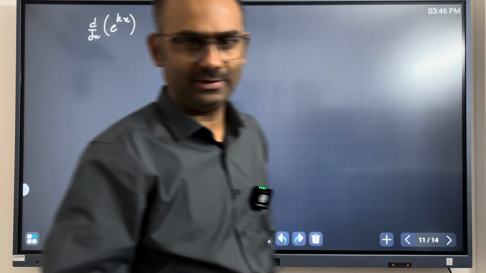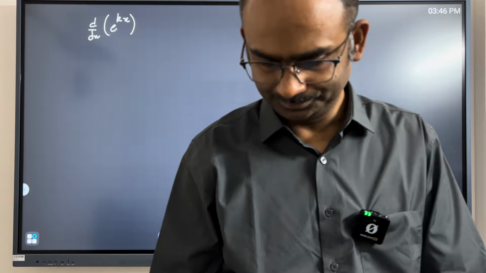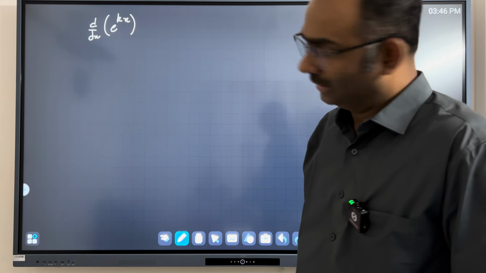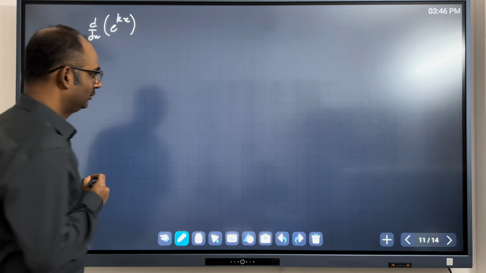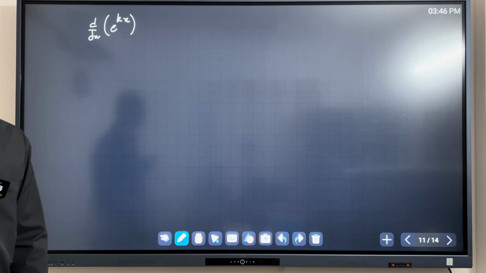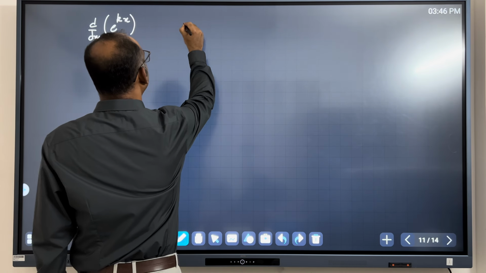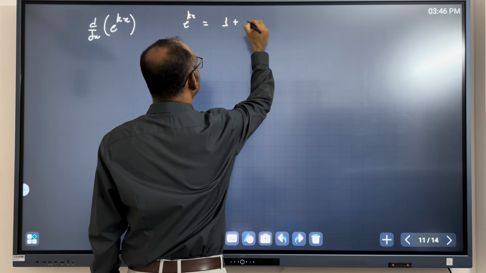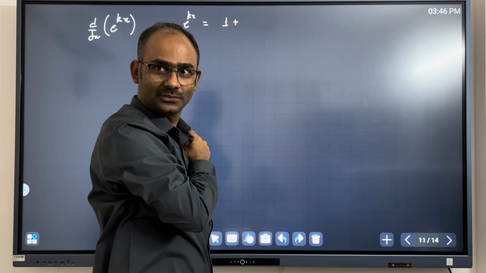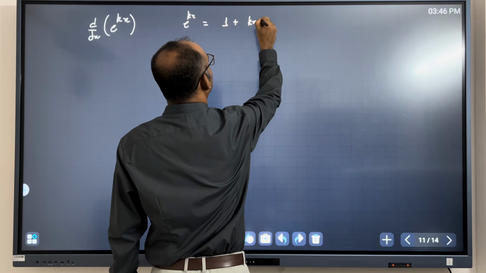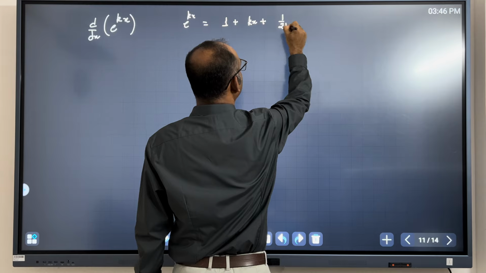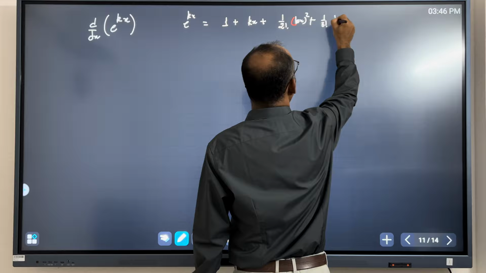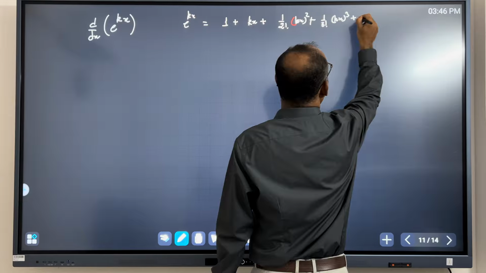It could be 2, it could be 7, it could be whatever. It could be e also. It could be a negative number also. So, to do this, first I need the expression of e to the kx. So, what is e to the kx? It is 1 plus kx plus 1 over 2 factorial kx whole squared plus 1 over 3 factorial kx whole cube and so forth.